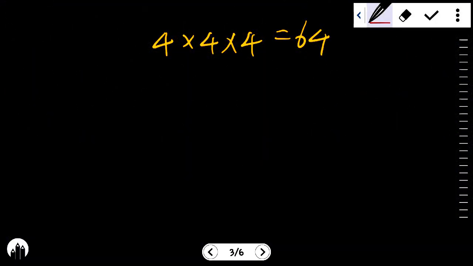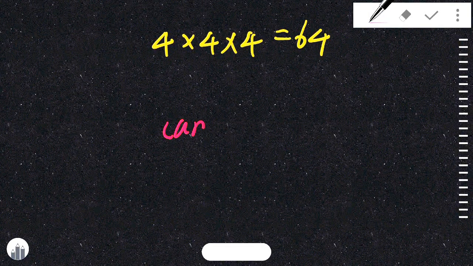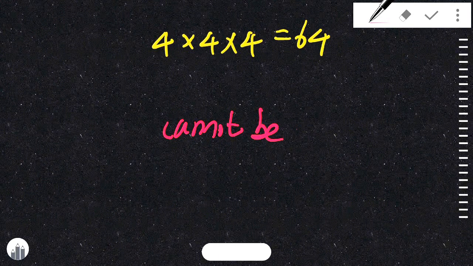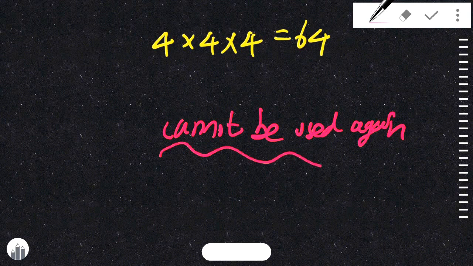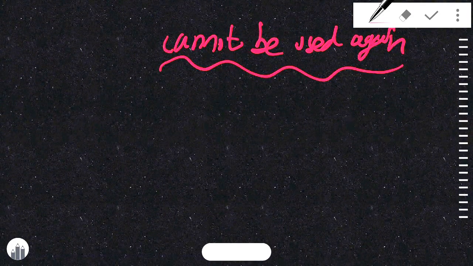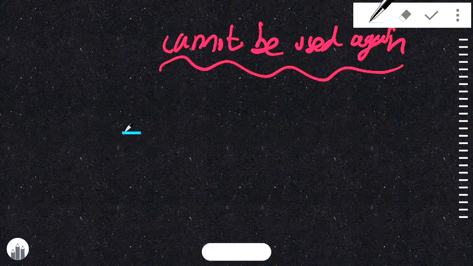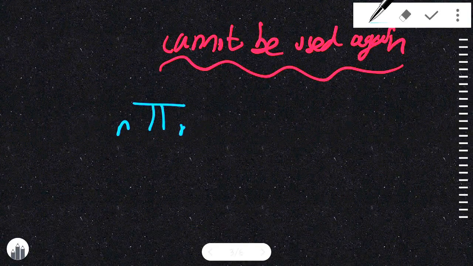This is repeated permutation. Unlike the permutation we've seen before, where values cannot be used again, repeated permutation counts the orders where the values are used more than once. We write this into an equation, n pi r, where n is the number of different values of x and r is the number of x being chosen.